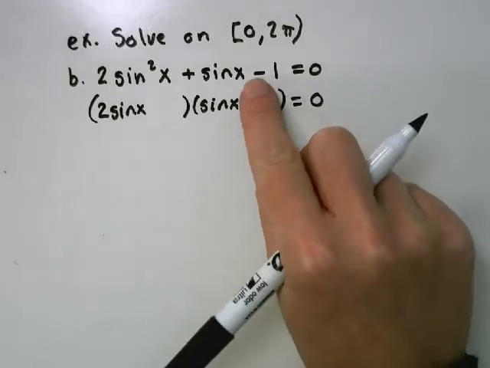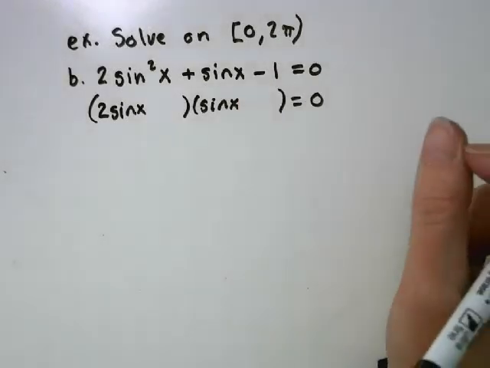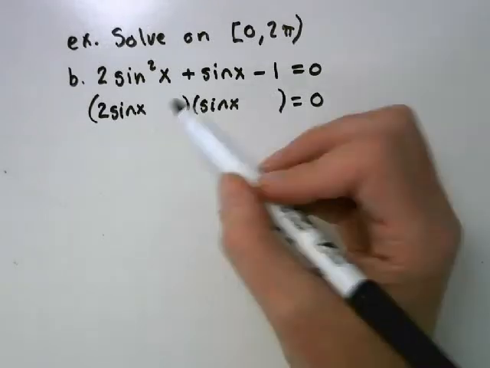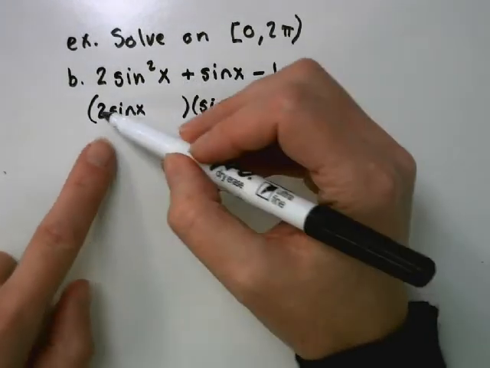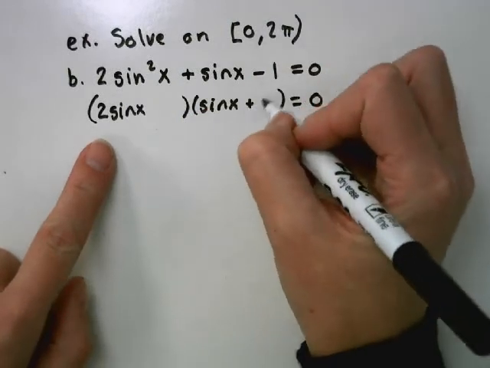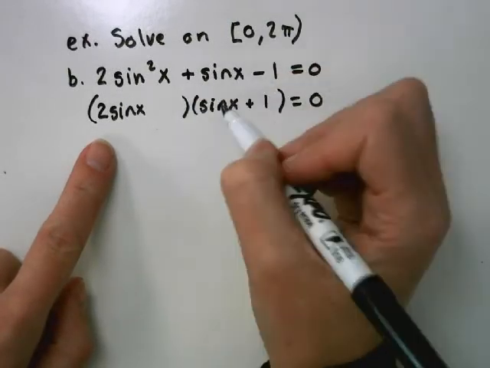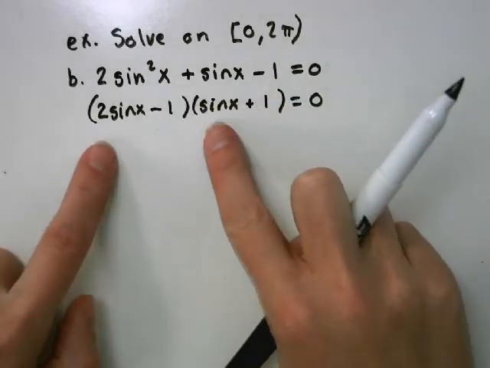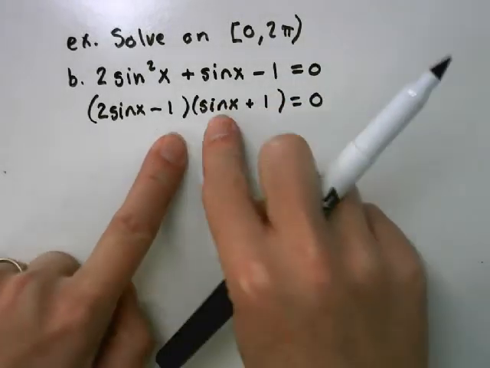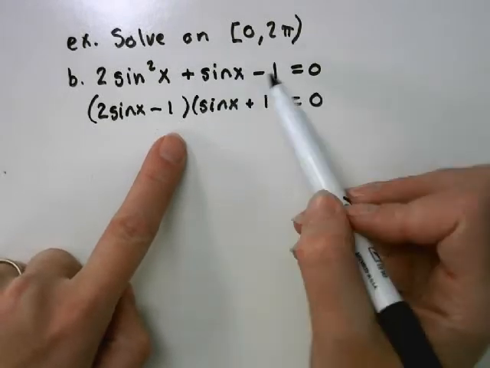To get a negative 1 here, we've got a positive 1 and a negative 1. We just have to figure out which one goes where in order to get this middle term. Well, I'm going to multiply the 2 times a positive 1 and this sine by a negative 1. If I FOILed it, we'd get 2 sine squared plus 2 sine minus 1 sine, which makes this plus, and then a negative 1.